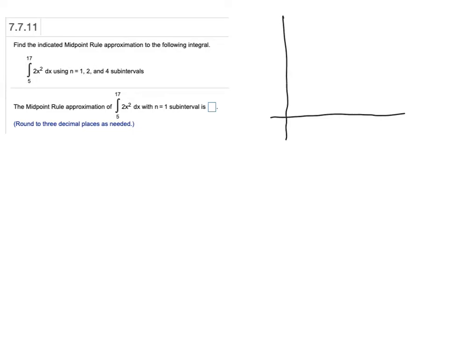The function here is y equals 2x squared, so we know that's a parabola, so it's going to go up like that. The scale is going to be crazy different on the y-axis here because it's getting really big really quick, but I want to be able to draw on it, so I'll draw it like this. And we're integrating from 5 to 12, so let me just say that's 5 and that's 12, just to keep it on the screen.